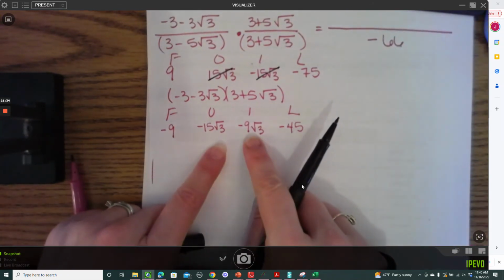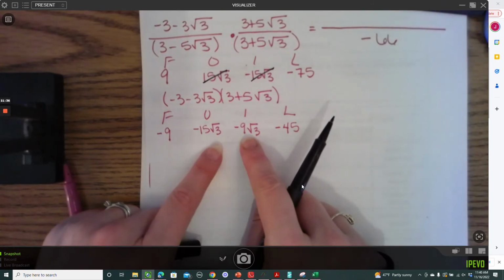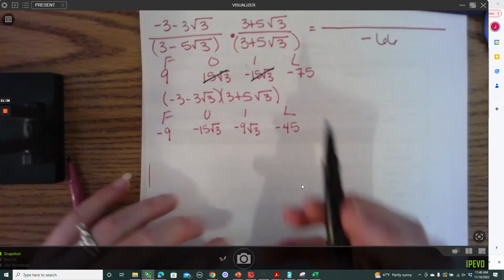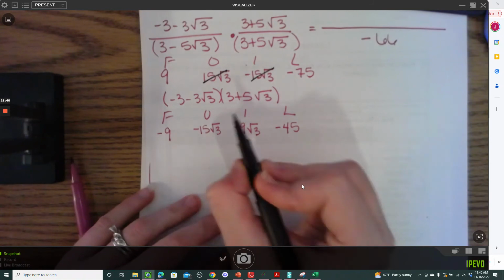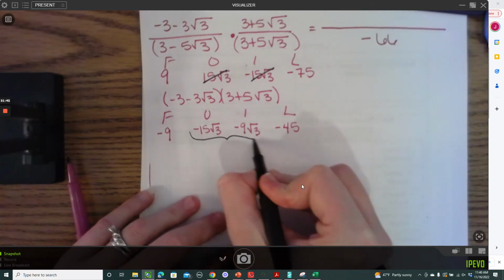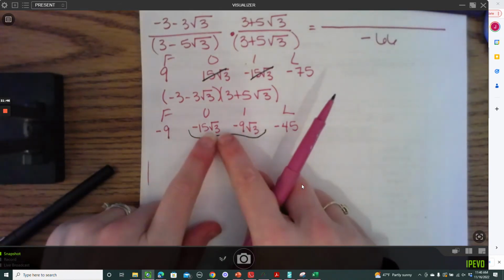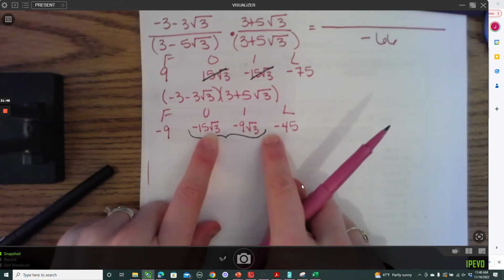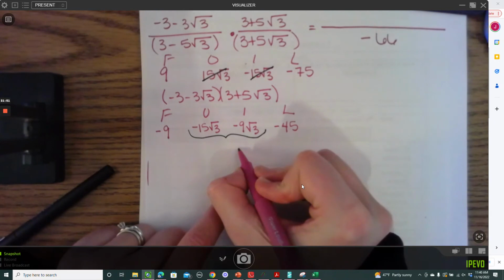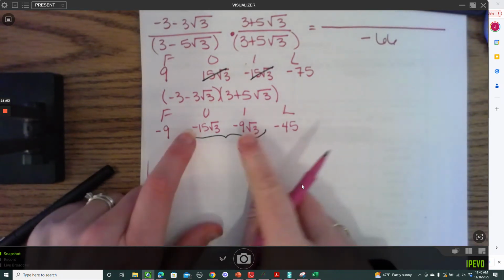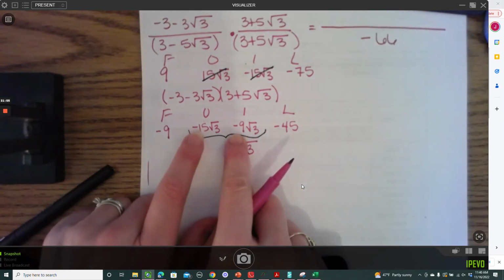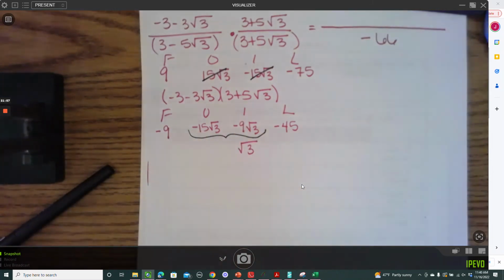Notice how they didn't cancel out this time. Okay, but here's what they do have. These are like terms. So just like if this had been an x instead of a square root of 3, I can keep the square root of 3 and then negative 15 plus a negative 9.